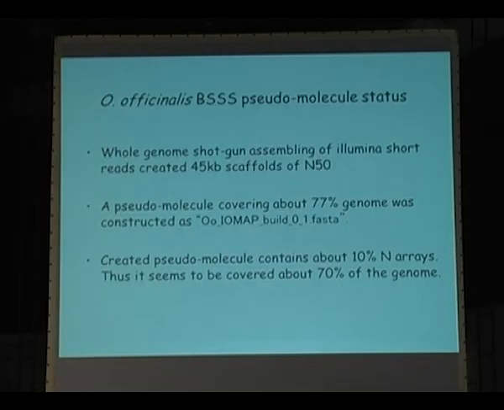So the status is that whole genome shotgun assembly of Illumina short reads created scaffolds with an N50 of 45 kilobases, and a pseudomolecule covering about 77% of the genome was constructed as OOIO map build 0.1 fasta.